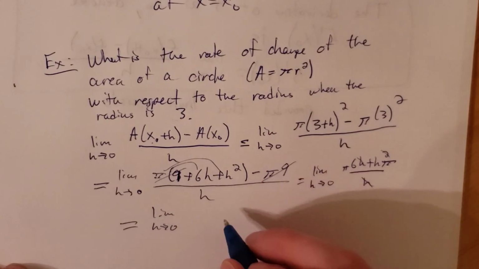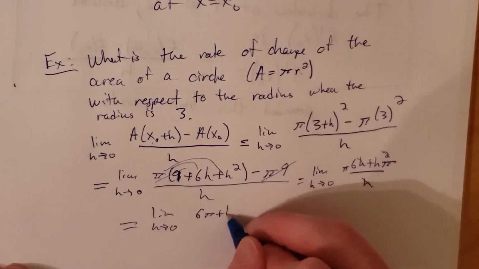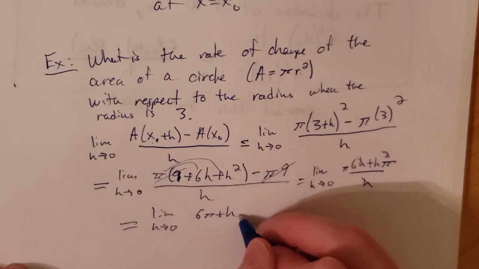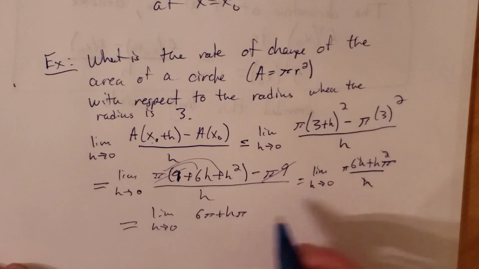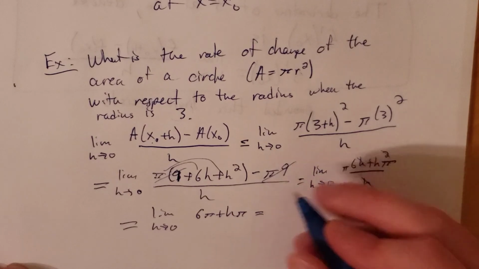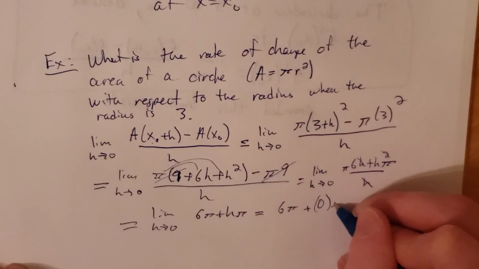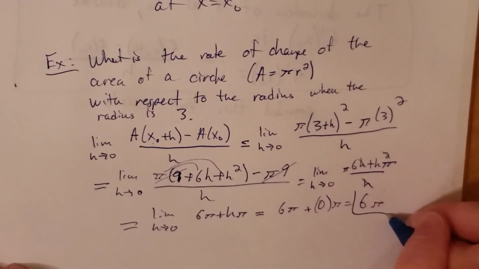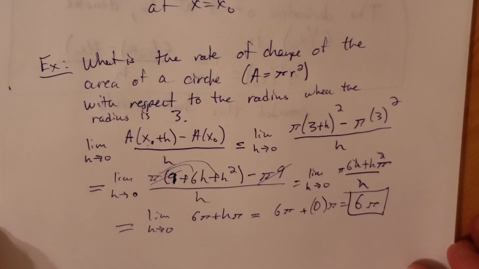So we get the limit as h goes to 0 of 6 pi plus h pi. Now we can just plug in h equals 0, since this is a continuous function. So we get 6 pi plus 0 pi, which is equal to 6 pi. And that is our solution. And that's it. That'll end this video.